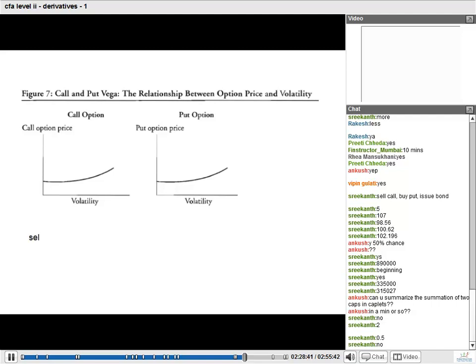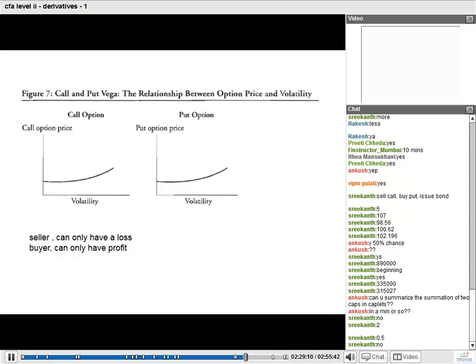The seller of the option can only have a loss, and the buyer can only have a profit once the premiums have been exchanged. So whatever is the upfront premium is the maximum profit that the seller can have. Please watch the video from level 1 on options to see the payoff curves on each of these instruments.